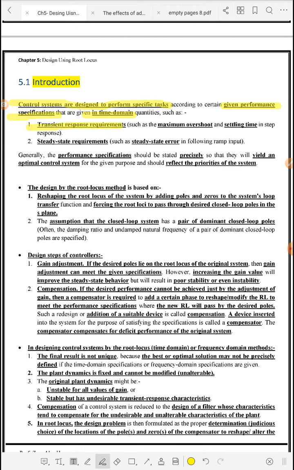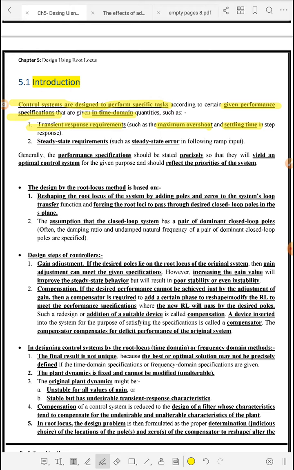The first one is the transient response requirements, and generally we describe them directly in terms of maximum overshoot Mp and settling time Ts due to step input. This is directly in terms of the response, or we describe them in terms of omega n and zeta. This is the transient response specifications.